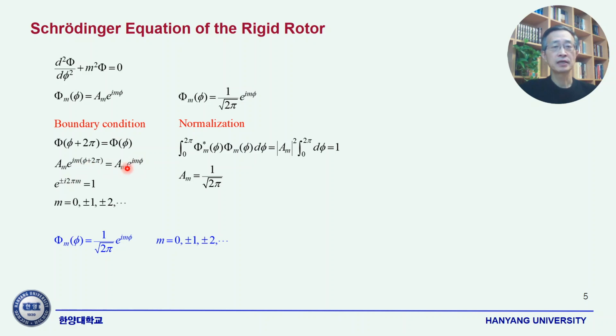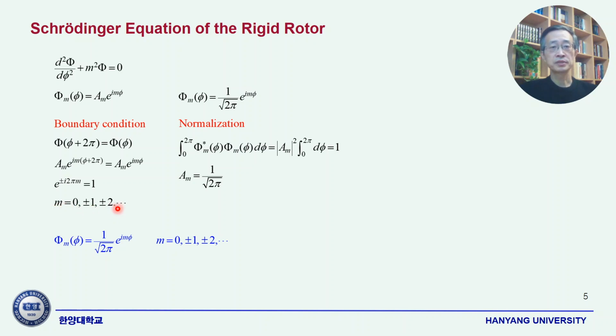Then this has e^{im phi} here, which is cancelled. So what you're left with is e to the plus minus, well, actually you can go this way or the other way, e^{2 pi i m} equals 1. In order for this to be correct, you must have m equals 0, plus minus 1, or plus minus 2.